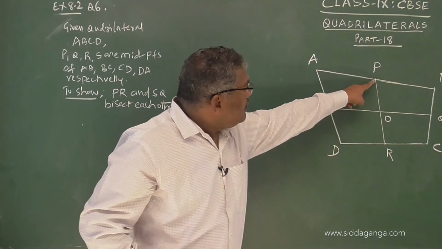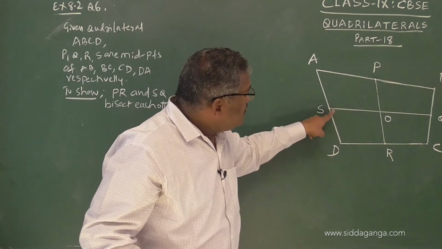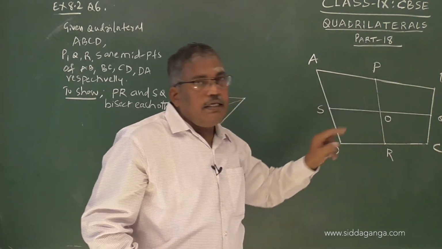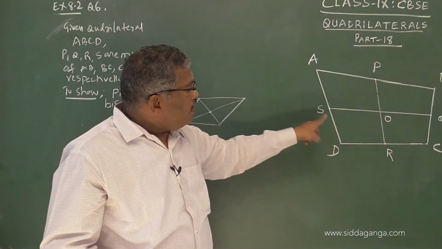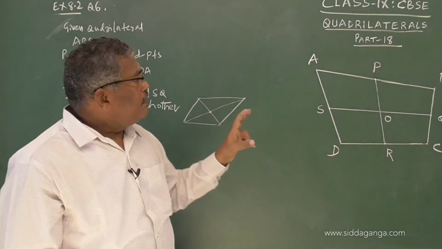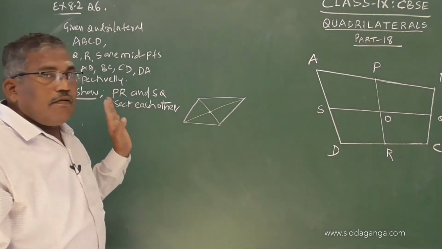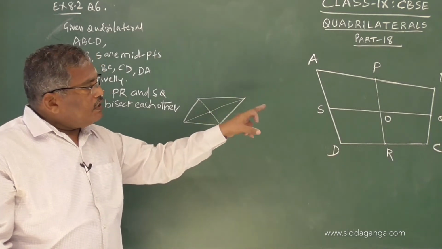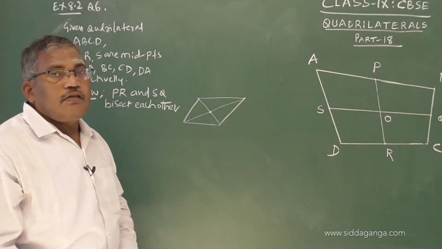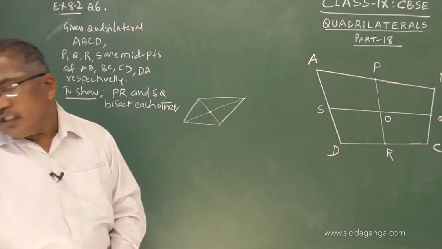So it is sufficient for our proof. Then we can straight away say, since PR and SQ are the diagonals of the parallelogram, they bisect each other.